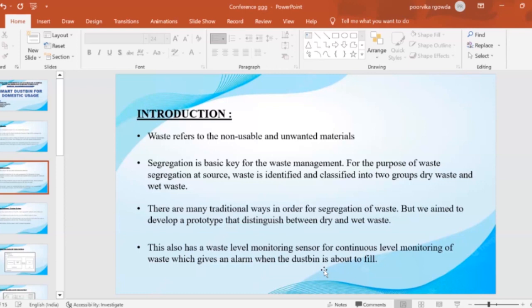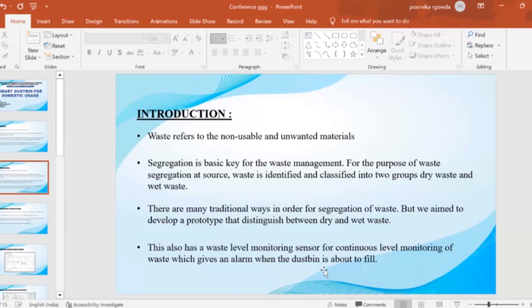Hence, we aim to distinguish the waste at the domestic level itself, that is at home itself. Hence, we have aimed to build this IoT project with the help of some sensors and motors, which segregate the waste at the home level itself.